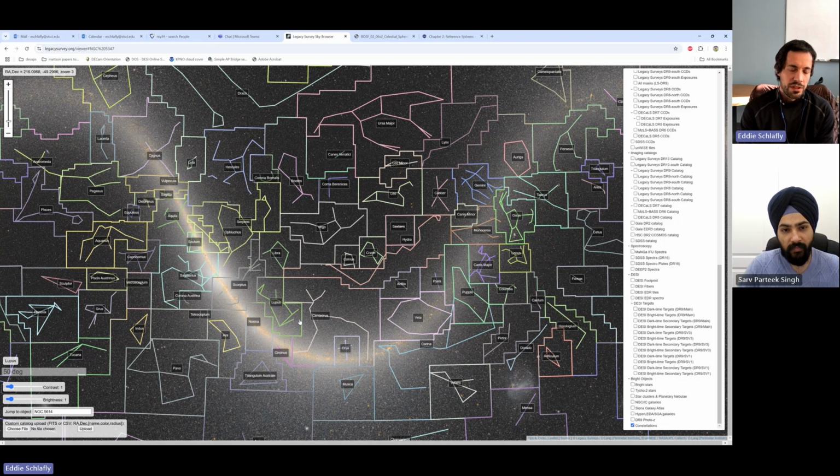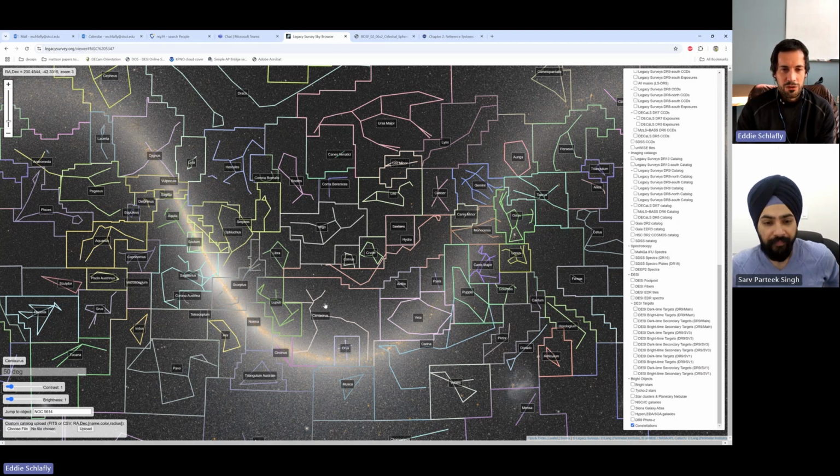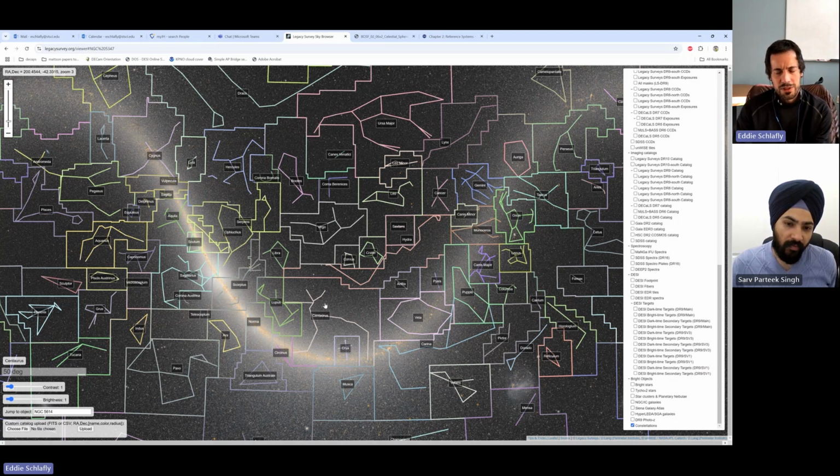In HEALPix's case, you've taken a bunch of images and together they cover the sky, but you want to put them in an atlas, and how do you order the pages in that atlas? Do you start at the North Pole and go around, or do you start at the equator and go up and down? So HEALPix is kind of like how you order the pages in an atlas, if that makes sense. Yeah, that makes sense.